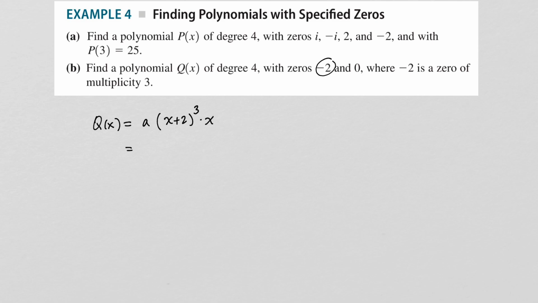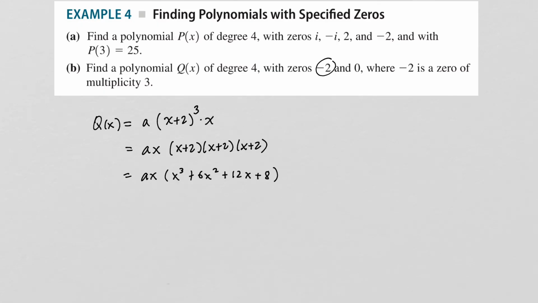So now we need to multiply this out. We have ax, and then x plus 2 times x plus 2 times x plus 2. I'll spare you the details here, but when you multiply x plus 2 times x plus 2 times x plus 2, you're going to get the following. And when we distribute ax to this, actually we'll just distribute the x.